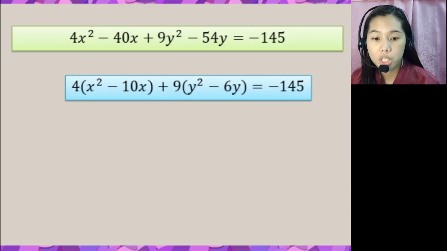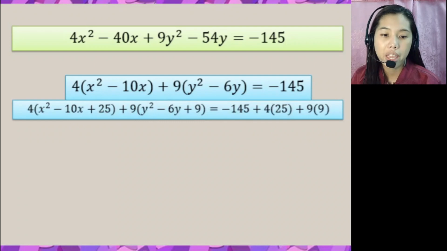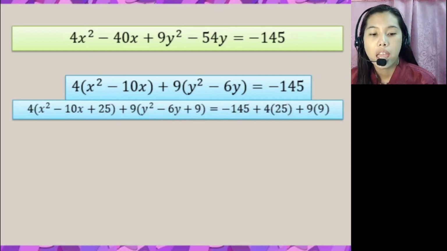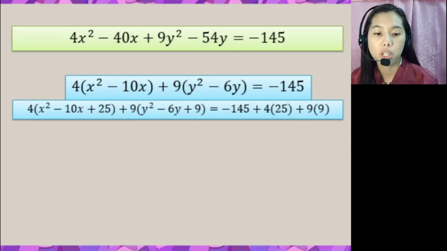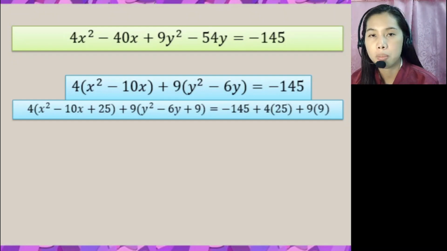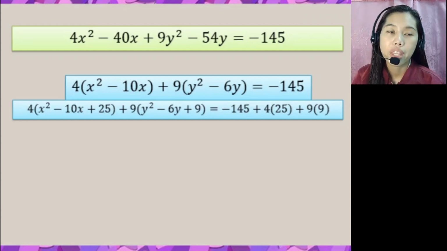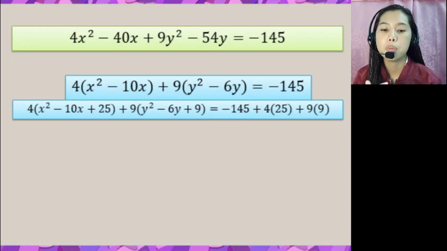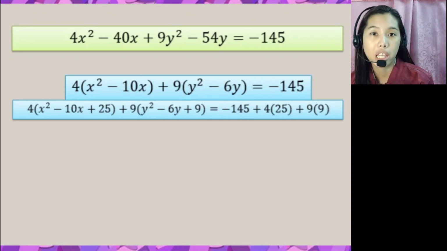Which will then become 4 times quantity x squared minus 10x plus 25, plus 9 times quantity y squared minus 6y plus 9, equals, okay, now this is mostly where students fail to understand, or solve for the correct answer. You have to remember, whatever you add on the left side will always be the same thing that you add on the right side.